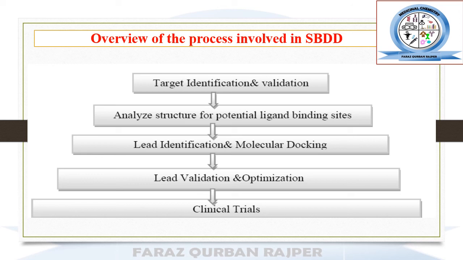In the next step, we will check the structure and evaluate the different binding sites on which our ligand can bind. Then we will identify the potential lead molecule, and perform structure-based drug design methods like molecular docking, and lead validation and optimization, in which we may modify the chemical structure or make certain other changes in the lead molecule to make the structure-based drug design more effective.